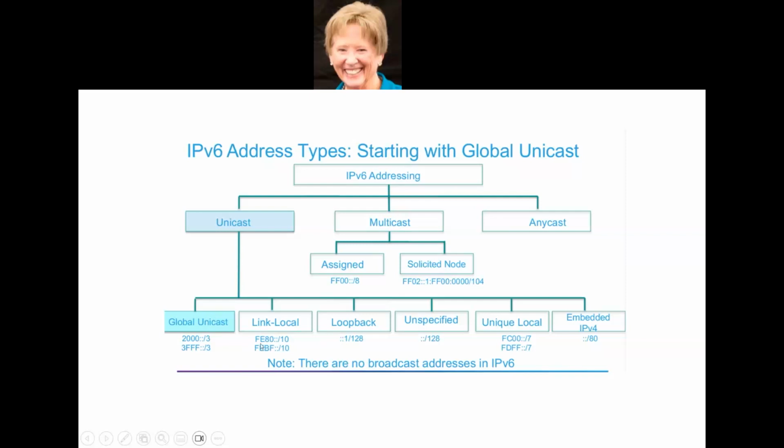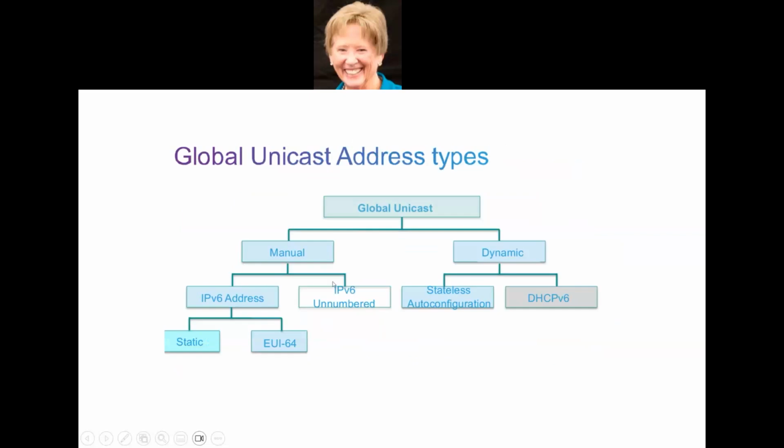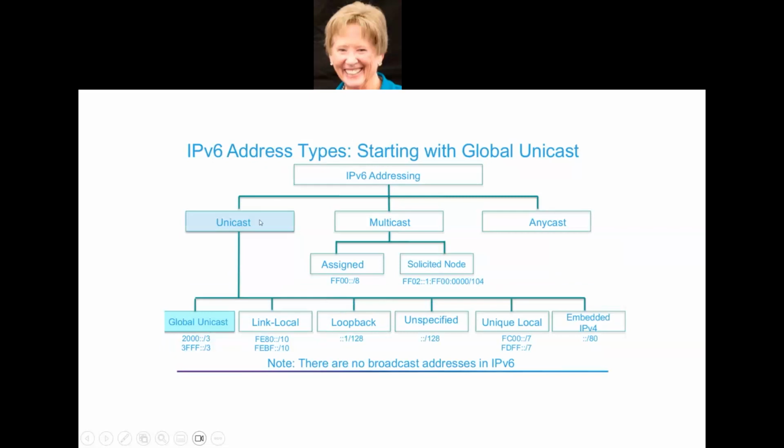Notice link local is FE, the multicast is FF. So the link local is always going to start FE. Always, yeah, FE. And multicast is always going to start FF. Exactly. And I'll show you an example of that. Okay.